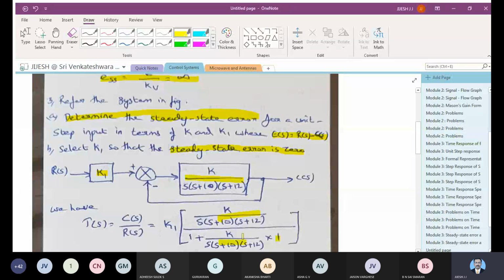So you substitute it, and simplifying the blocks, you are putting these blocks in cascade. So K1 will come multiplied by the entire block. This is what you will get.